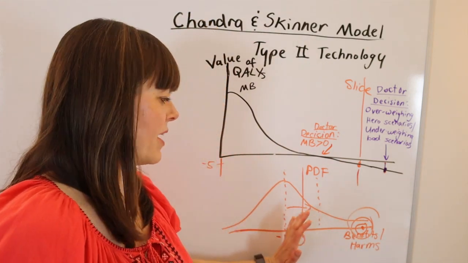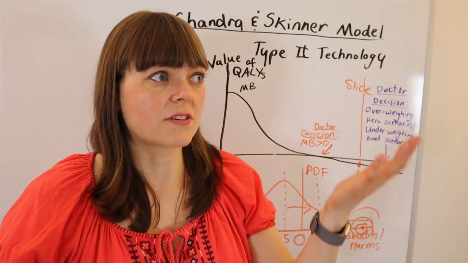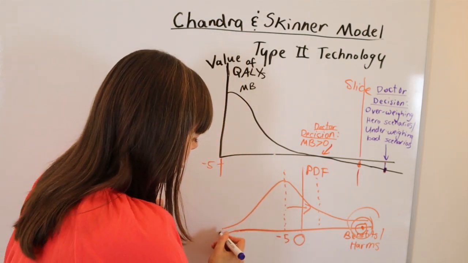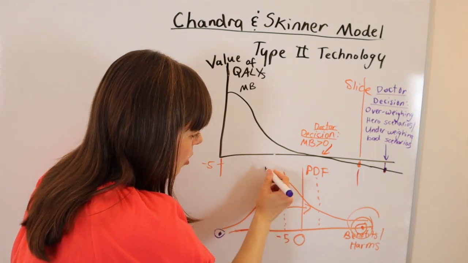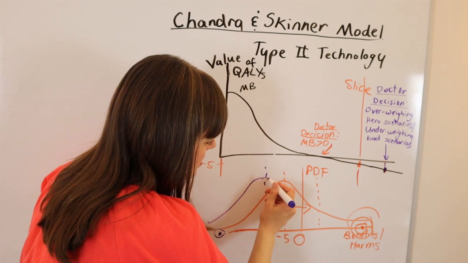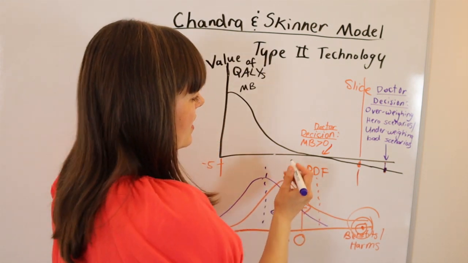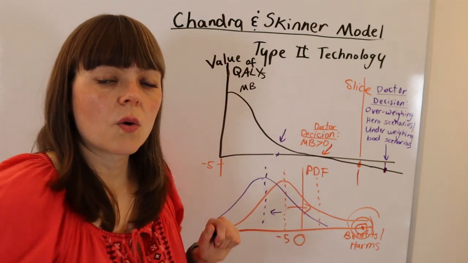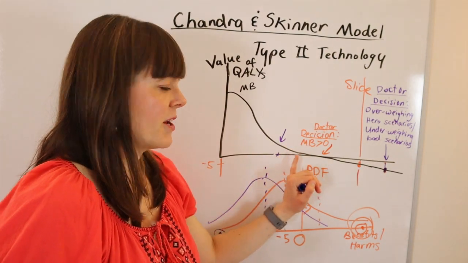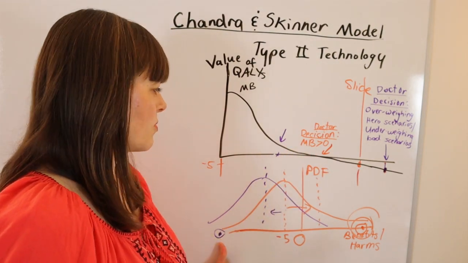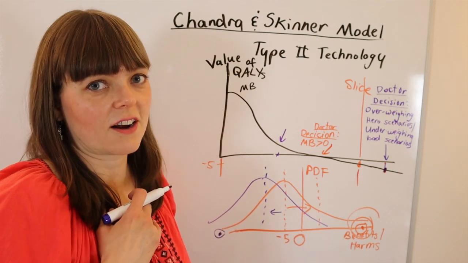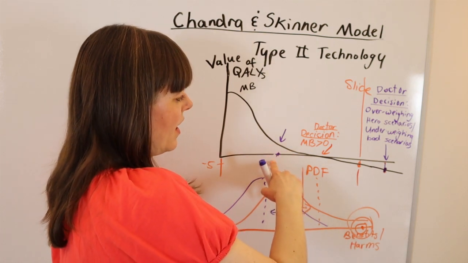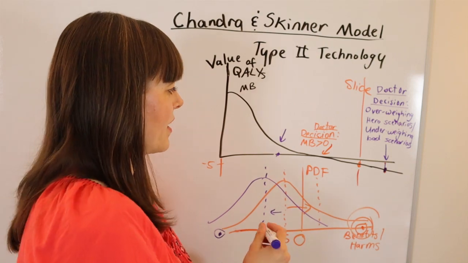So if the doctor has had patients die when giving them a biopsy or die from the anesthesiology or whatnot, then maybe for those doctors, they're going to overweigh the negative, and that's going to pull this graph this direction, in which case the doctor's decision might be over here, where the doctor, even if the patient could actually benefit a little bit, is really afraid of these negative outcomes that the doctor could be sued for or could be responsible for, so the doctor might take a more cautious approach, and that would be a different behavioral bias coming into play.